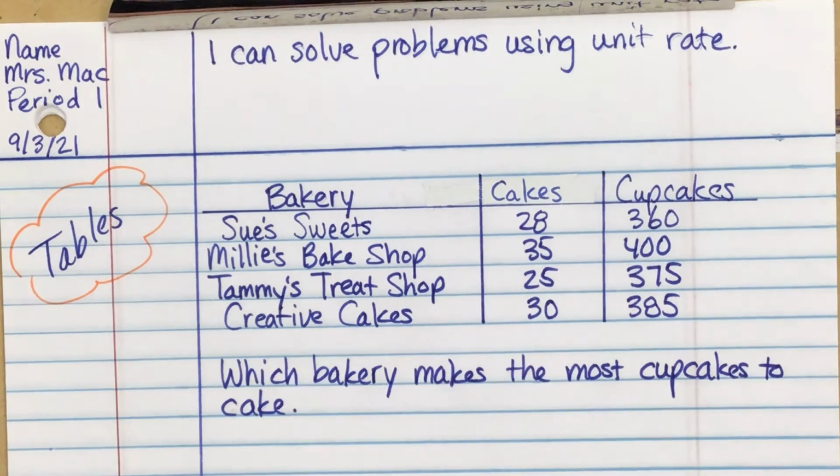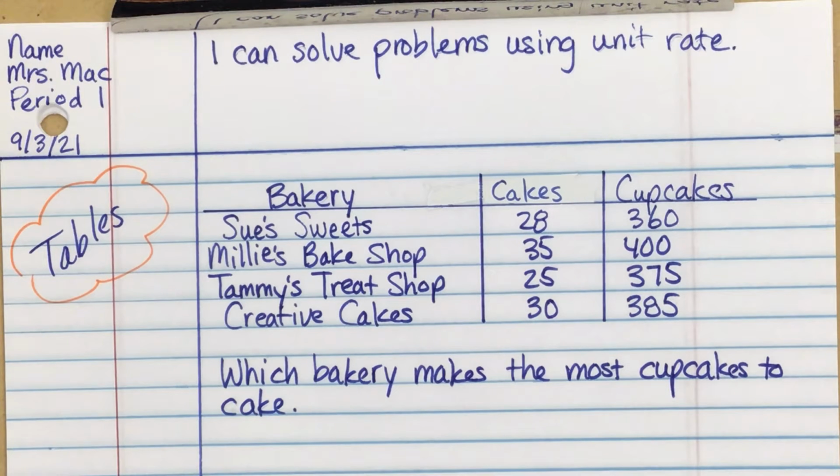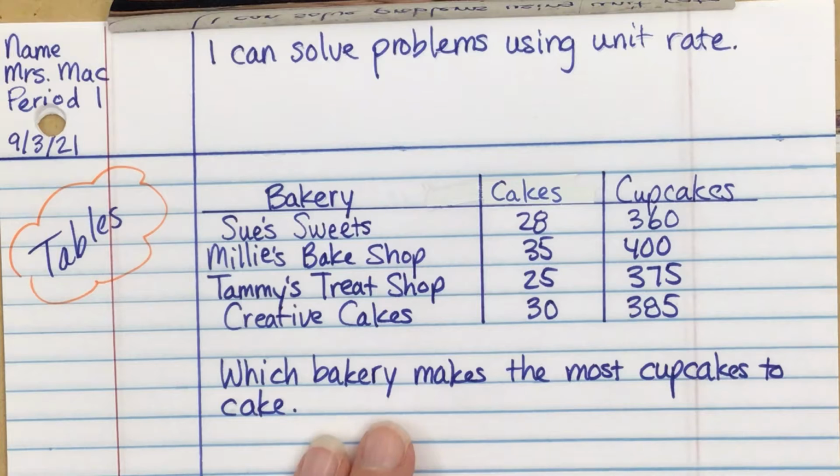Okay, so when it's listed like this with a to or a per or anything like that, you always do the first over the second. So what we're going to be comparing is the ratio of cupcakes to cakes, and we'll do that finding the unit rate. But first, let's go ahead and write the ratio.